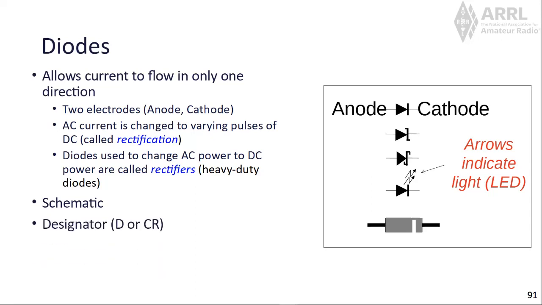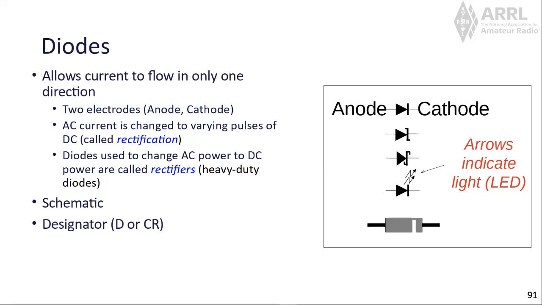And in the very bottom of that box, it shows you a diode. There is a band or a bar at one end of the diode that is representative of the bar in the schematic, so you know which end is the anode and which end is the cathode. The current flows towards the bar.